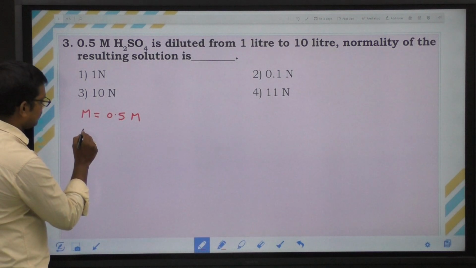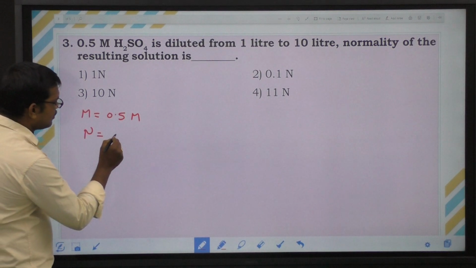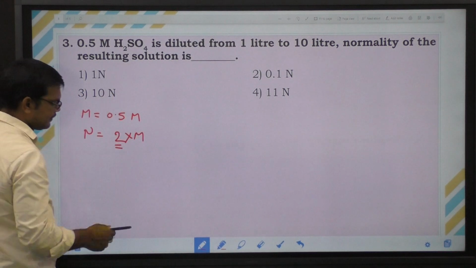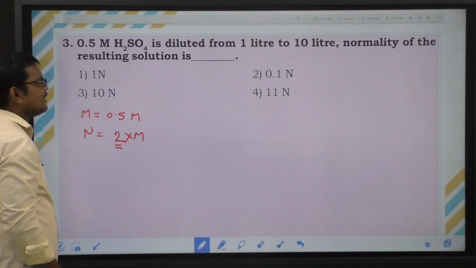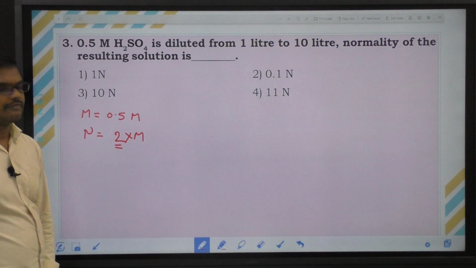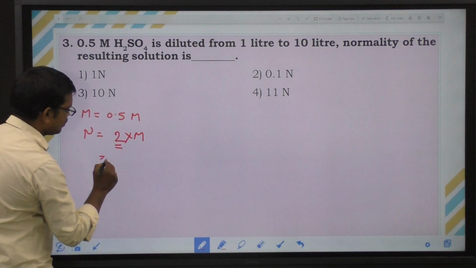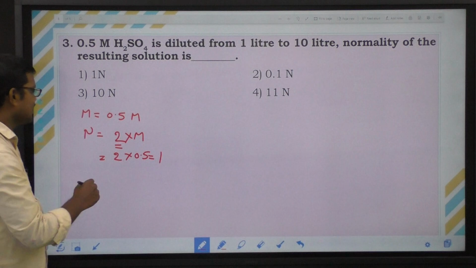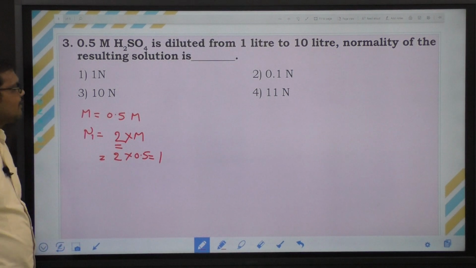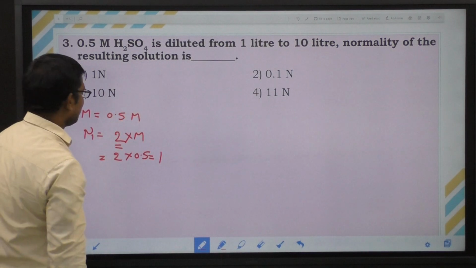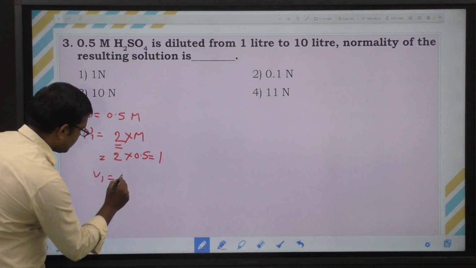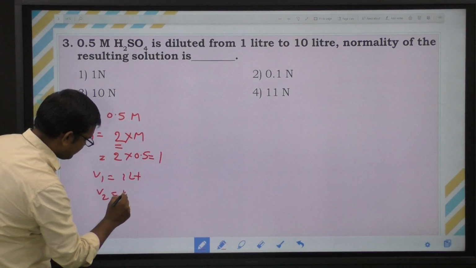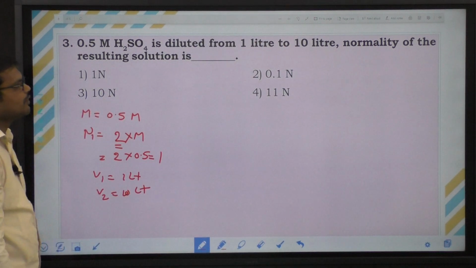Normality equals n times molarity, where n is the basicity. H2SO4 has basicity 2, so 2 into 0.5 gives 1. N1 is 1, V1 equals 1 liter, and V2 equals 10 liter.